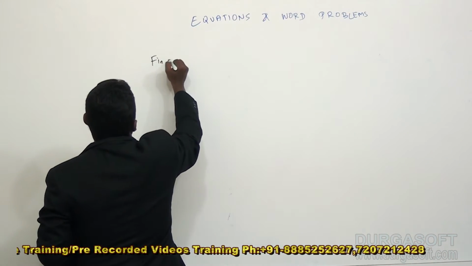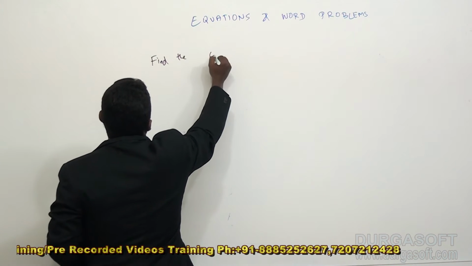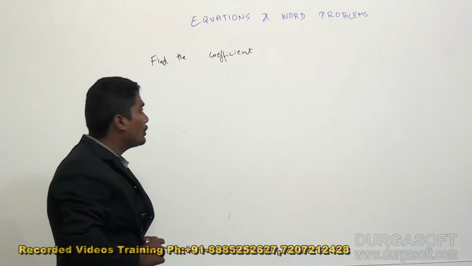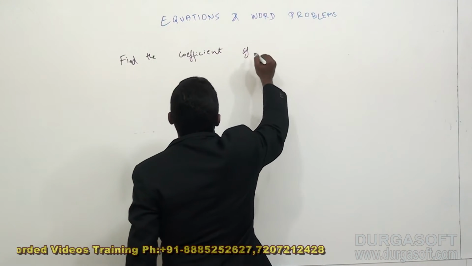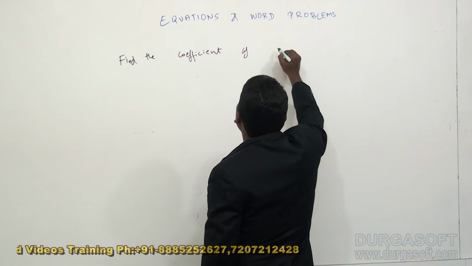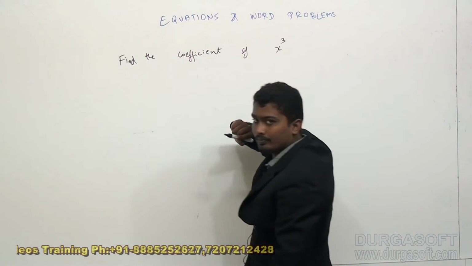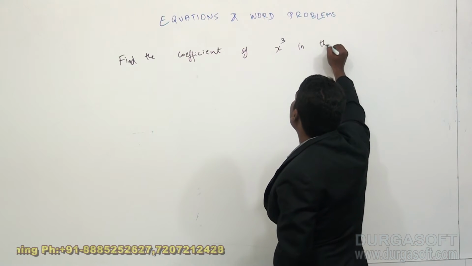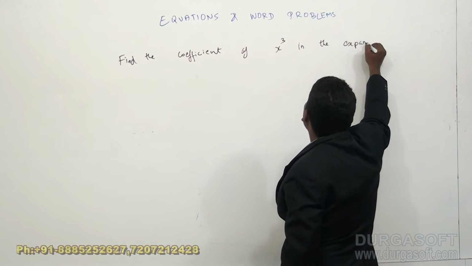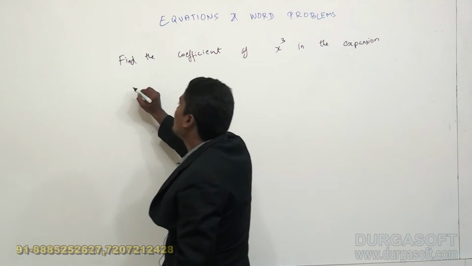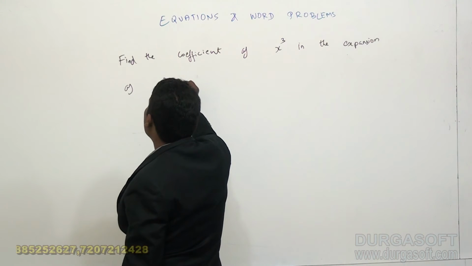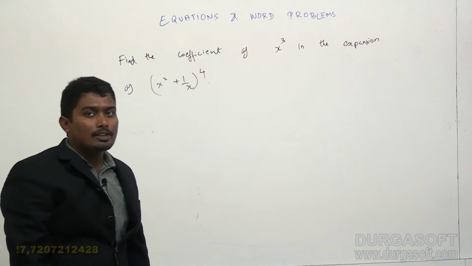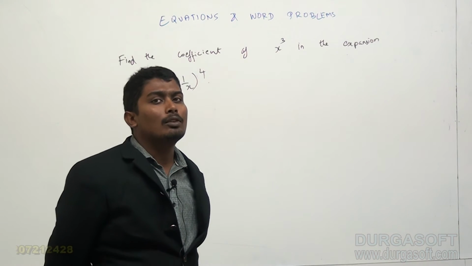Next: find the coefficient of x cube in the expansion of (x square plus 1 by x) the whole power 4.